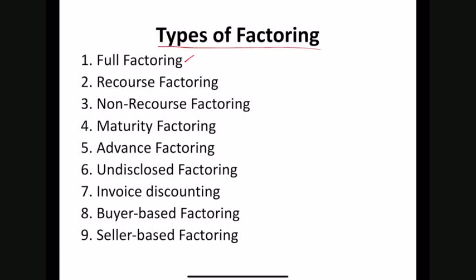Under a full factoring arrangement, a factor renders services of collection of receivables and maintains the sales ledger, and he provides a complete range of services, ranging from analyzing the creditworthiness of my customer, maintaining the sales ledger, providing credit control, giving credit protection, everything. That's why it is called full factoring. It provides me the complete, full range of services. This is called full factoring.